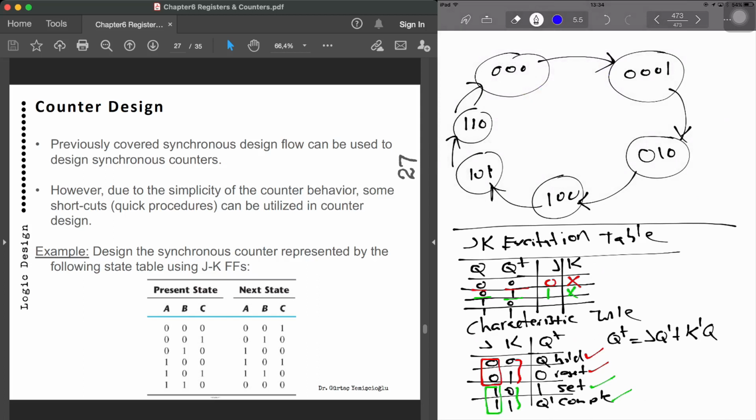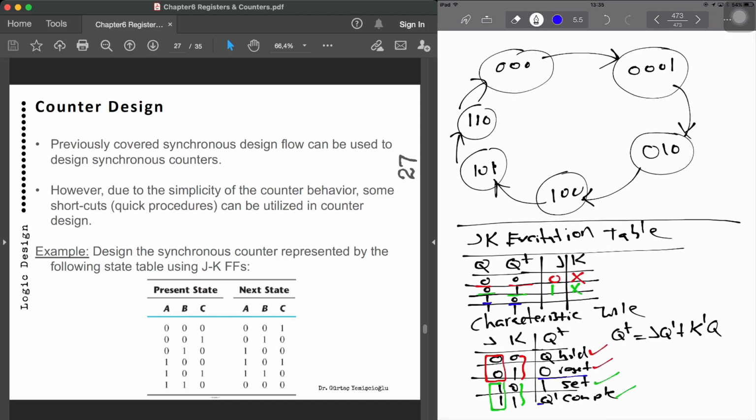Now, Q is 1, Q prime is 0. So either we are complementing or we are resetting. K is 1, J is don't care.